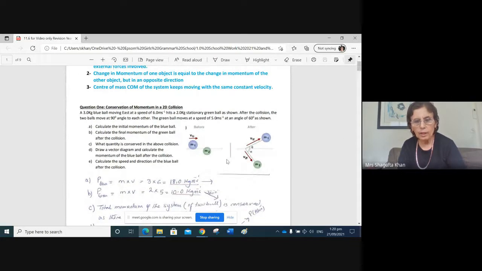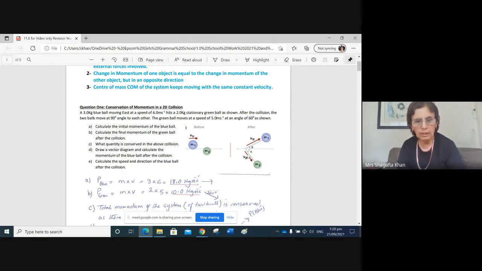In this question, which is on the revision sheet, the blue ball is moving in this direction with a certain velocity. All those details are given here, and I've got the answers here, but I will just go through the main concept. The blue ball was stationary, so momentum was only due to this ball. After the collision, they move at a 90 degree angle to one another.